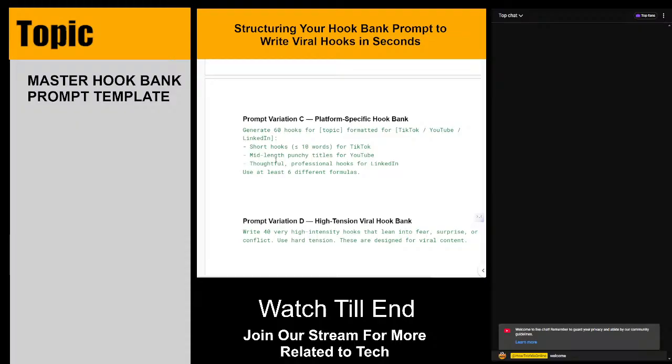Now, the second reason is clear hooks create clear emotions. If the audience understands the hook, they react emotionally. If they struggle to understand or they misunderstand, the emotions die. So, you need a clear hook for clear emotions. Then, the third reason is confusion kills curiosity.